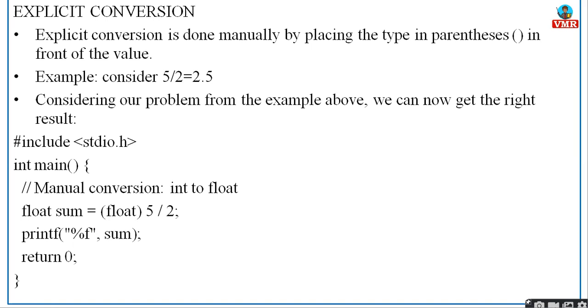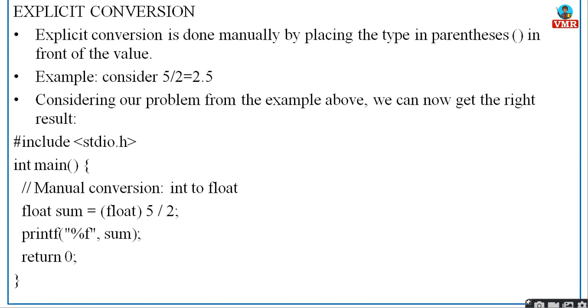If you don't put any cast there, that is, you are not forcibly converting it into float, then you will get just a 2. That is not actually the correct answer. Sometimes you may get something like 2.999, and in those cases there is a big difference between 2.5 and 2.9.